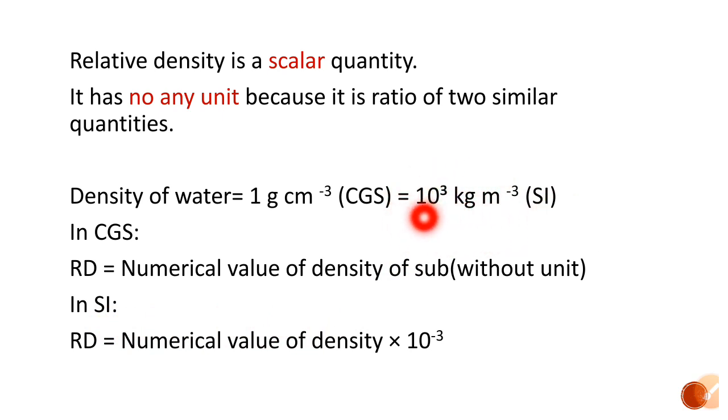So if we have 10 to the power 3 in the denominator, then we can multiply by 10 to the power minus 3. Okay, simple mathematics here.